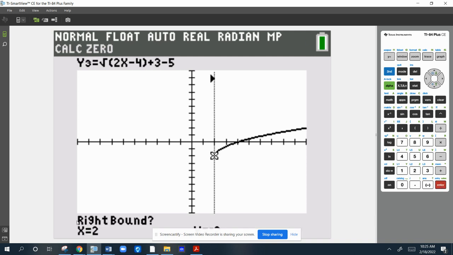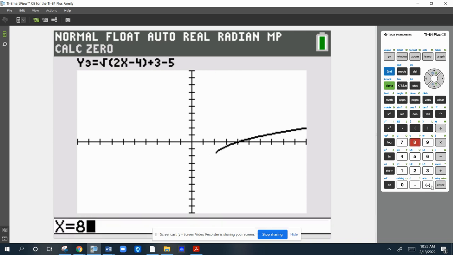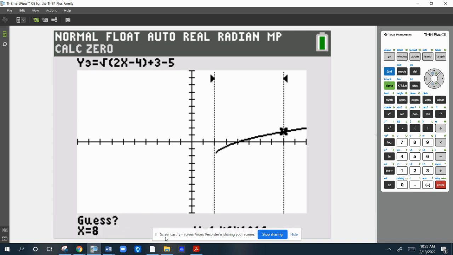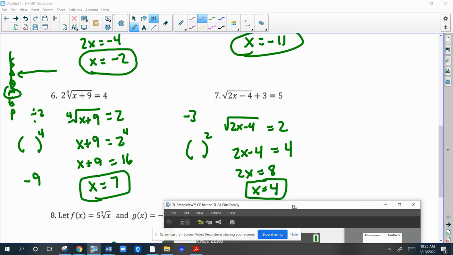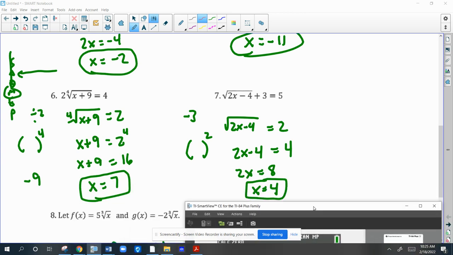You hit enter, you'll see right bound down here. Pick anything to the right of 4 that's within the screen. So 8. And then the guess, just hit enter, and it gives me the answer is 4. The 0, x equals 4. So go back to your work. It says x equals 4, so we're good.